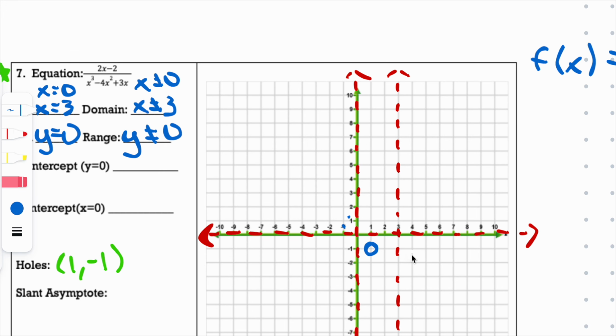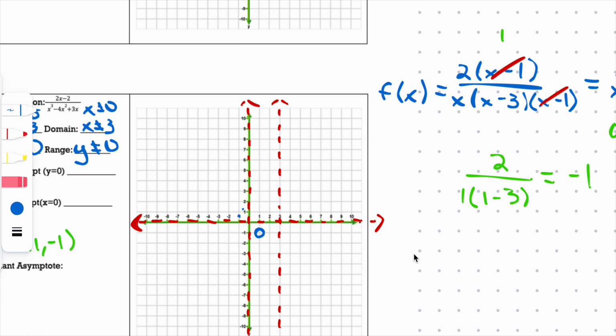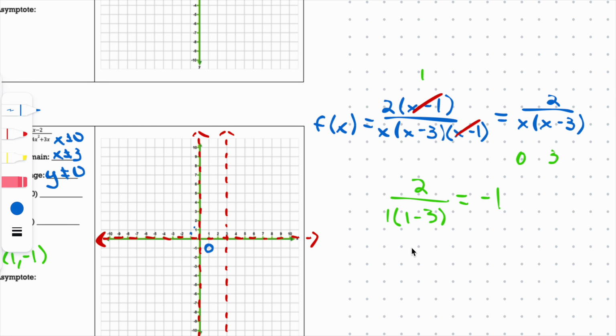And then, maybe just because, we should plug in another point. It really isn't that important, but let's plug in negative 3, for example. Negative 3 minus 3 is negative 6.